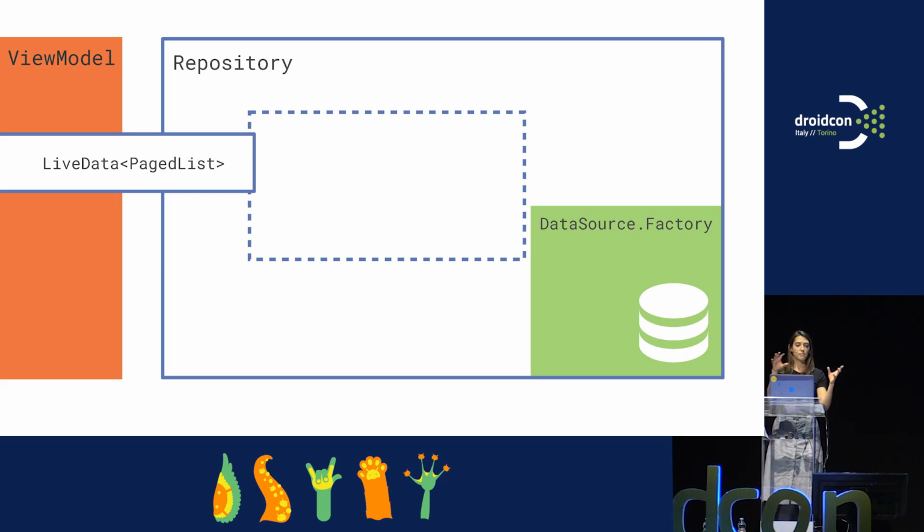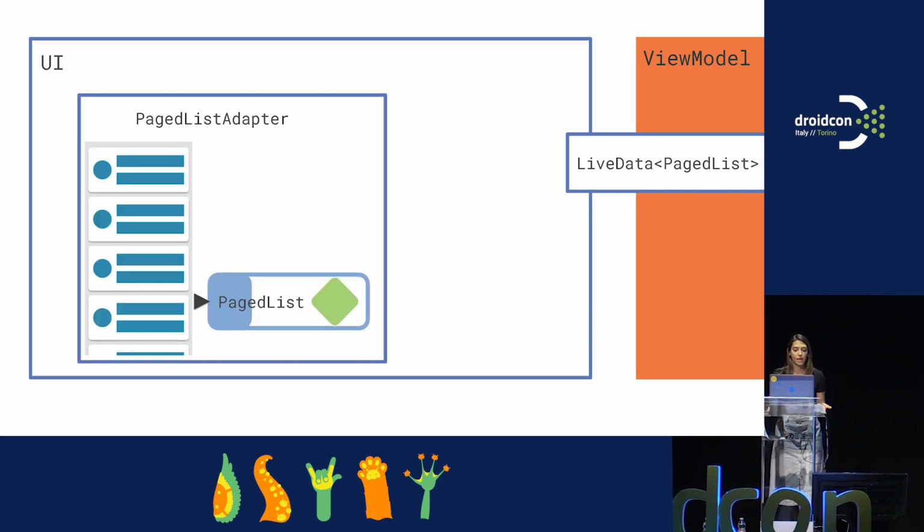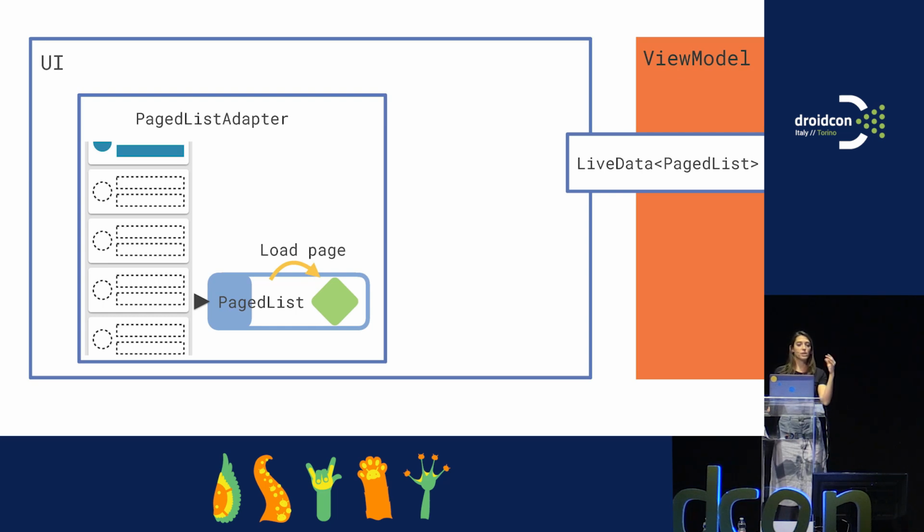This PagedList is then passed via the ViewModel to the UI. In the UI, we're submitting the list to the PagedListAdapter. And then once the PagedListAdapter has a reference to the list, it can display it. As we're scrolling it, let's say that here we have the placeholders enabled. Once we go to items that need to be loaded, the PagedList just requests the data source to load the next page.